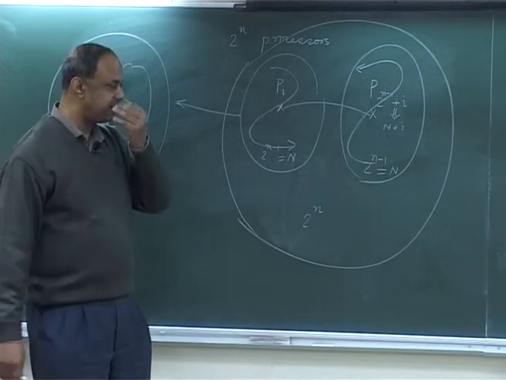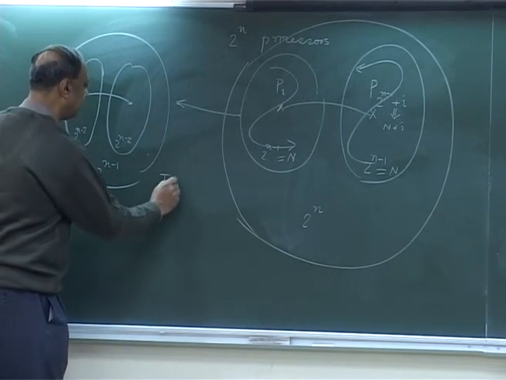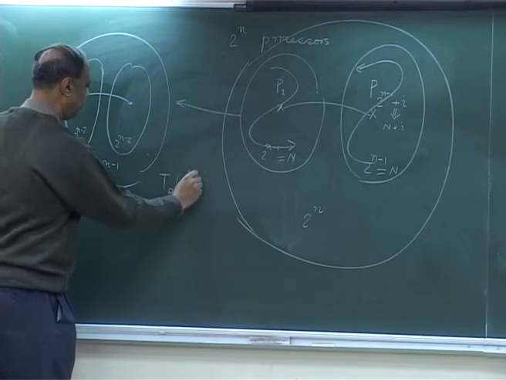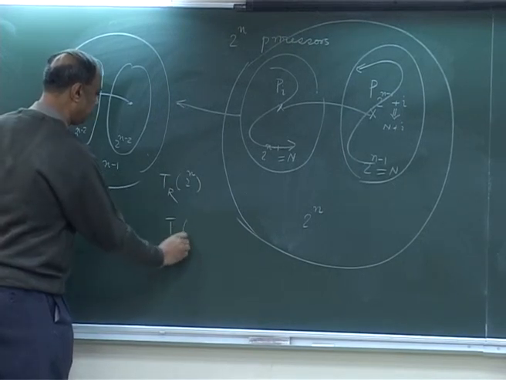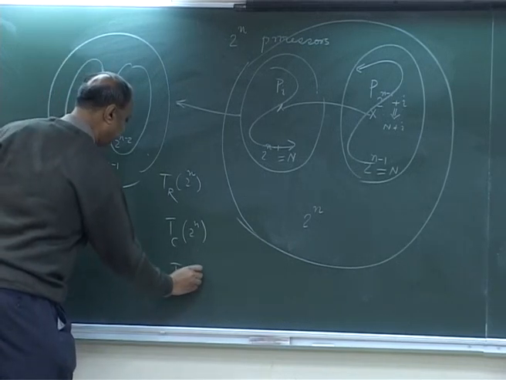Now, if it is the case, so can you tell me what is TR 2 to the power n, what is TC 2 to the power n, and TE 2 to the power n?